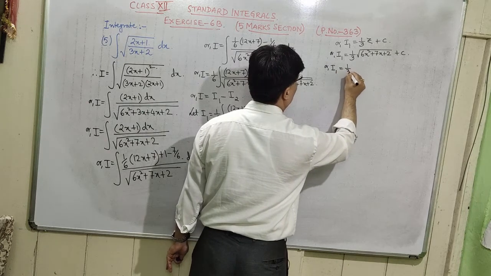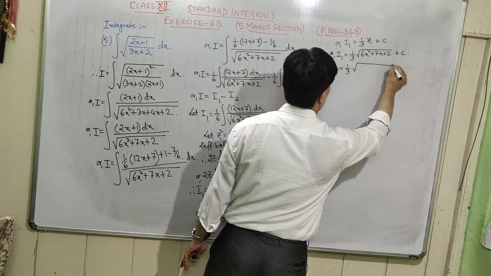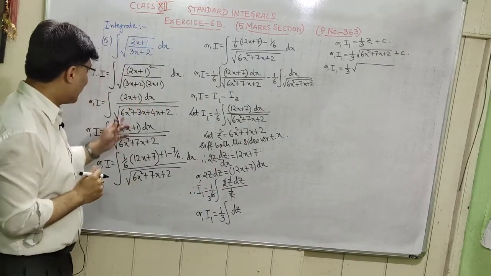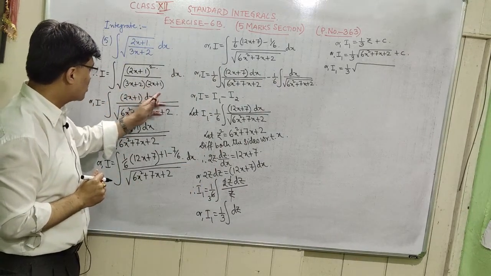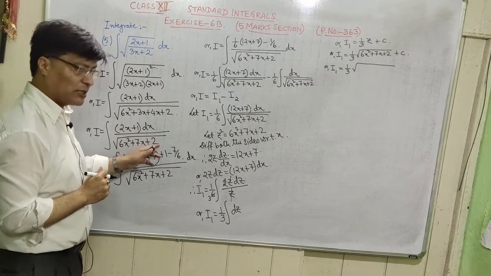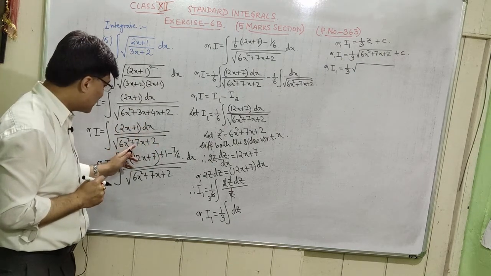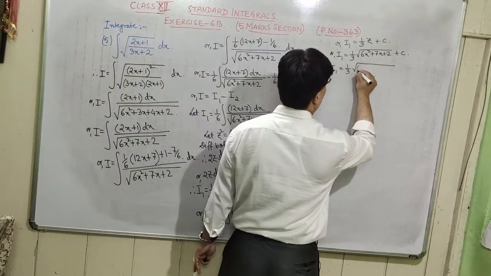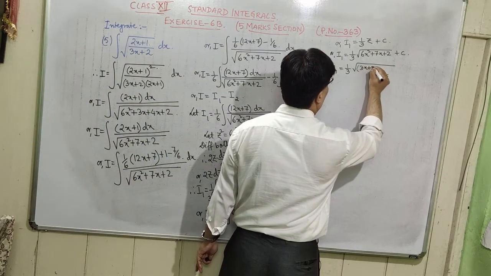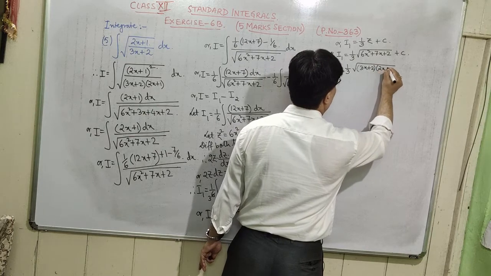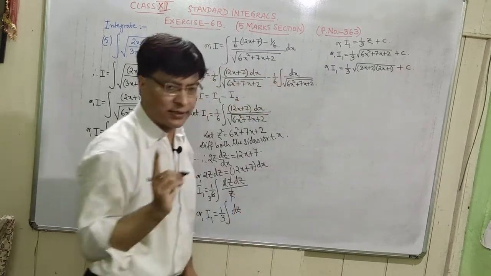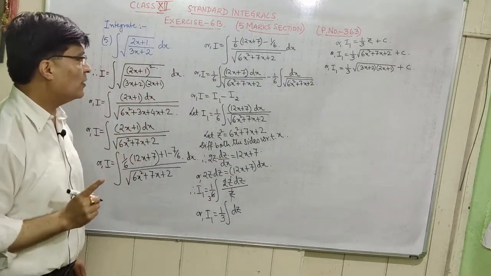Or I1 is equal to 1/3 root over. Within the square root, actually these are the two factors; we have multiplied these two factors, isn't it? 3x plus 2 and 2x plus 1. So it is 6x square plus 7x plus 2. What are the two factors of this expression? You can write 3x plus 2 into 2x plus 1, then plus c. Is that clear? So we have got the value for I1.